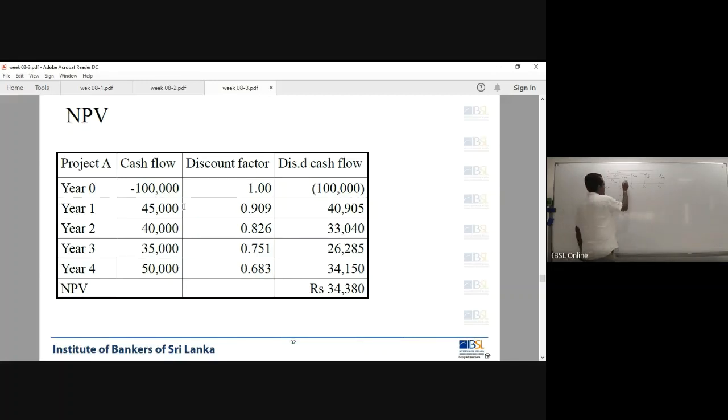Second one, 0.826. 0.751. 0.683. 1 plus I to the power 4, 1 plus I to the power 3, 1 plus I to the power 2, 1 plus I to the power 1.